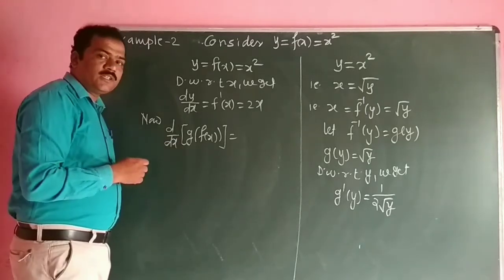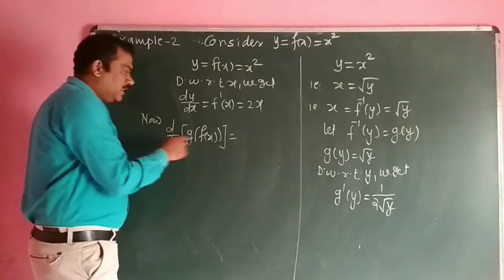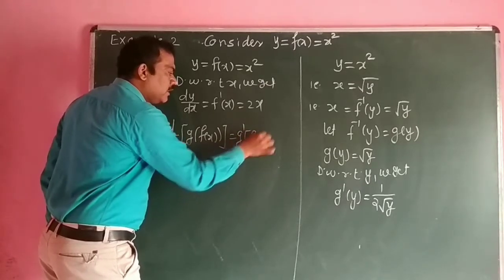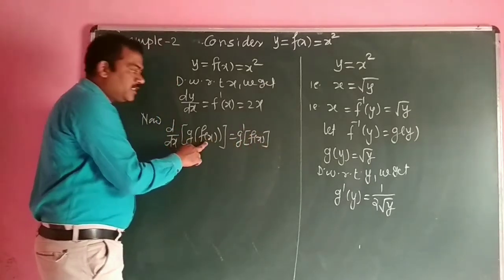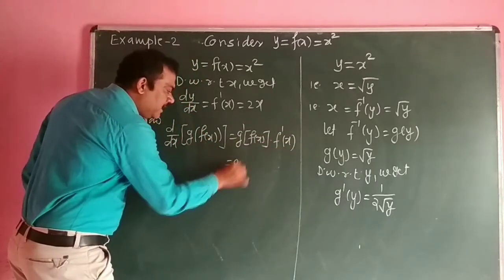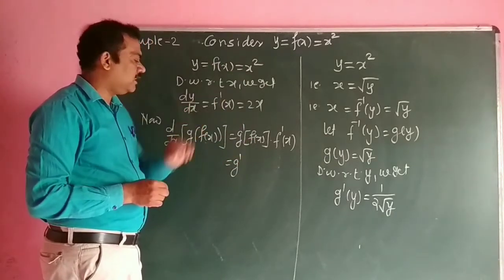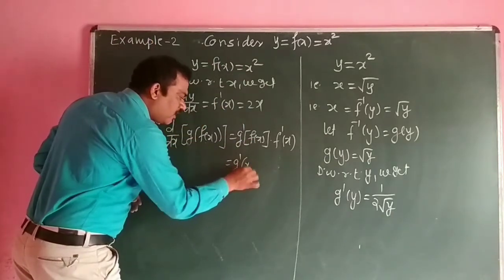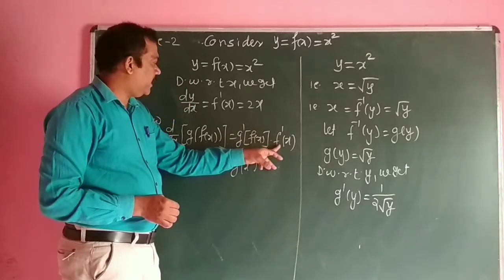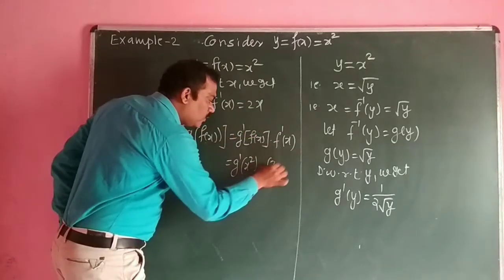According to the derivative of a composite function, first we take the derivative of g, that is g'(f(x)), into the derivative of f(x), that is f'(x). What is the value of f(x) here? f(x) is nothing but x square, so that is g'(x square) into f'(x), which is 2x.